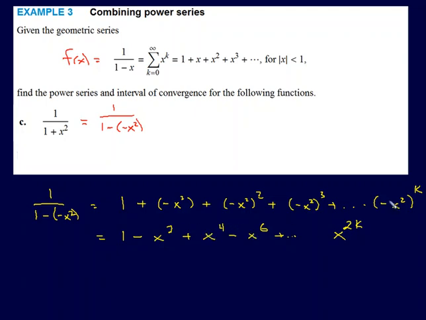Now, there's also a -1 there, and that is also being raised to the k, and that's where I'm going to get my alternating sign from, right there. And so when k starts at 0 and goes to infinity, my general term is now this alternating series, -1 to the k, x to the 2k.